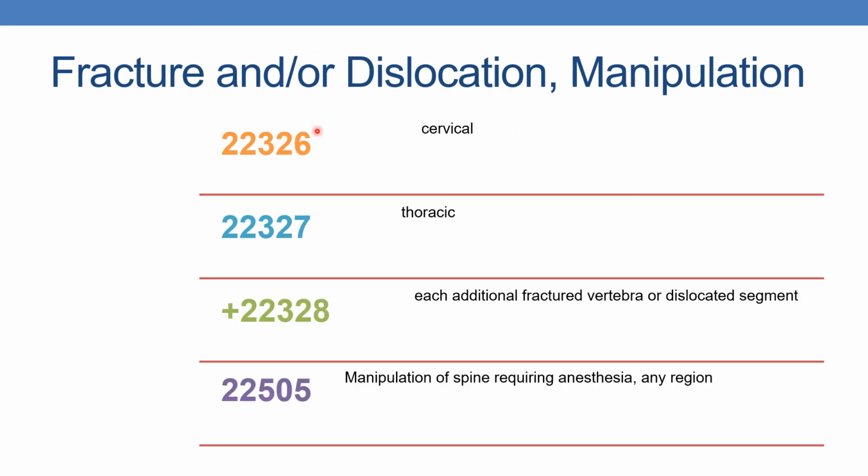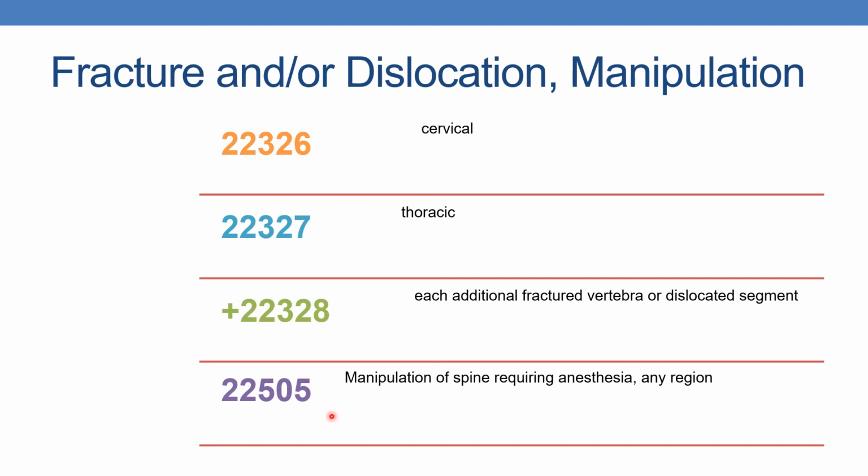And for cervical region, you need to report 22326. And for thoracic, you need to report 22327. And for each additional fractured vertebrae or dislocated segment, you need to report this add-on code 22328.